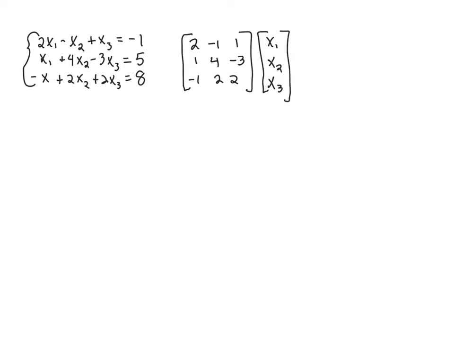Now, if you do that, going across a row and down a column, you see that you have 2x1 minus x2 plus x3. Well, that's equation 1, and that equals -1. Multiplying row 2 times the column is going to give you equation 2, and that answer is 5. Row 3 times the column gives you equation 3, and that answer is 8.